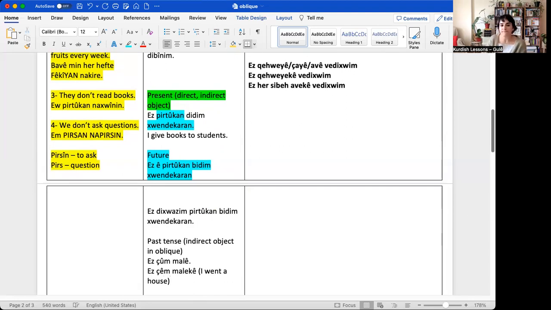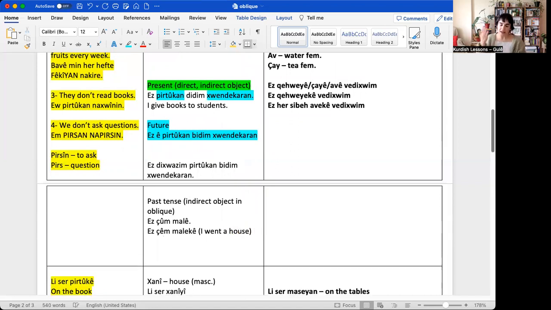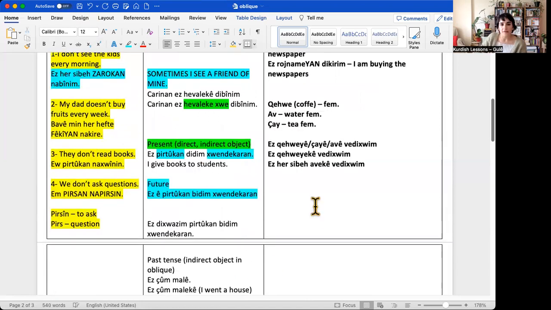As chum maleke, as chum bajareki, as chum gundeki, as chum mala hevaleki. Okay. So for past, don't panic. You will learn how and why we use these forms, as chum maleke, of course. Okay. For now, that's all.